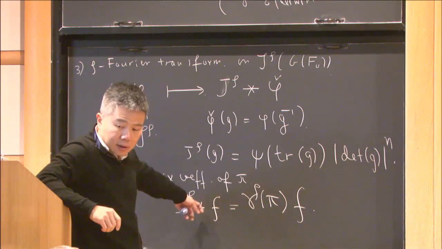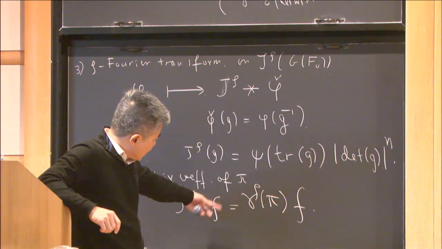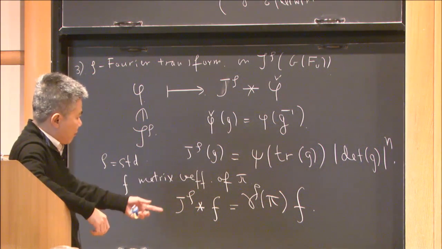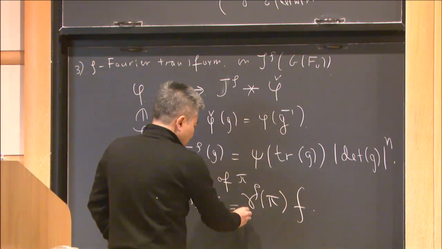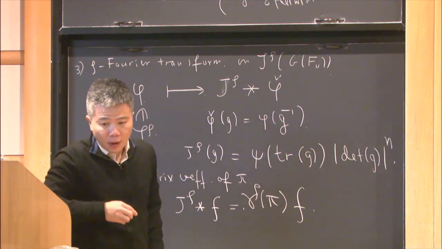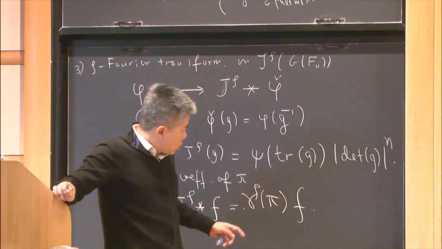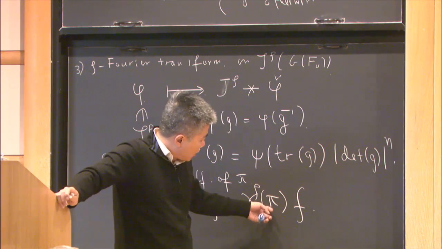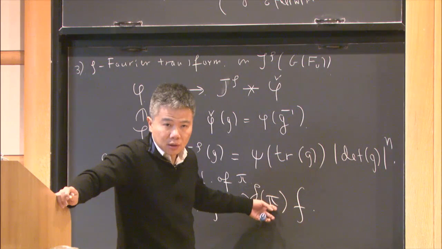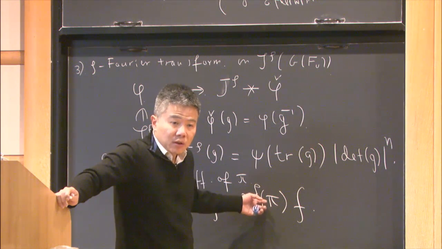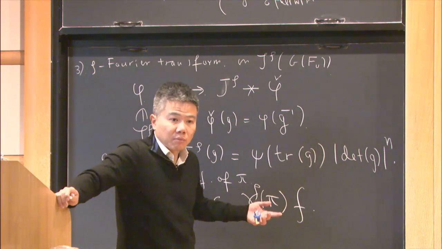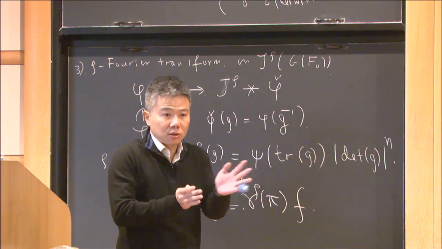So this should act on the matrix coefficient. It should multiply by some factor, and what is important is that this factor gamma should depend only on the infinitesimal character of pi, not on pi itself. So in the same induction, to have the same.